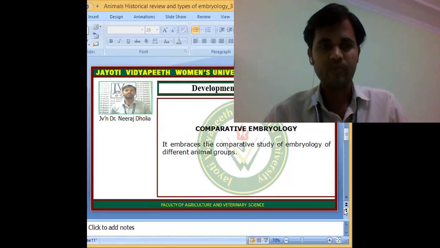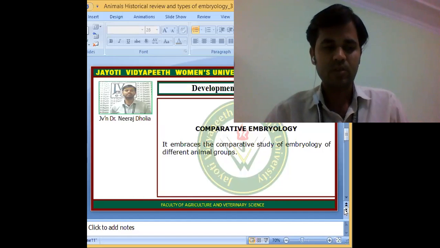How did it evolve? The comparative embryology describes the changes that occur from one animal group to the next level of animal groups. There are various types of animals, from the invertebrates to vertebrates to the higher vertebrates.